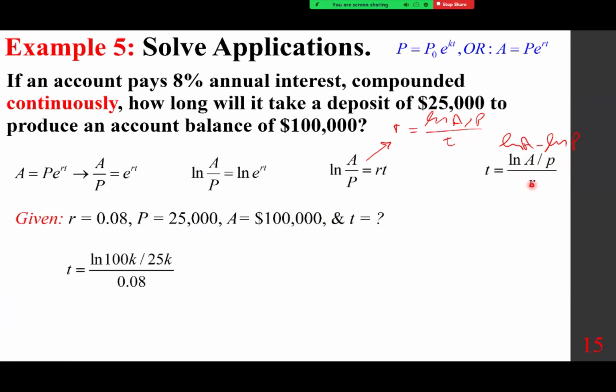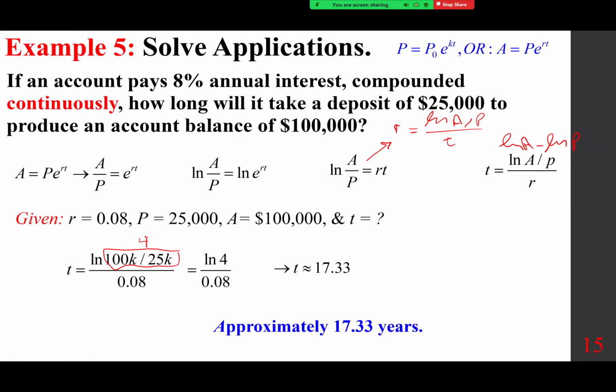And you can say 100K over 25K, as you know, this is 4. So ln 4 divided by 0.08, put it into a calculator, results in approximately 17.33 years. It is an approximation. You really have to decide how many decimals. Normally they tell you.